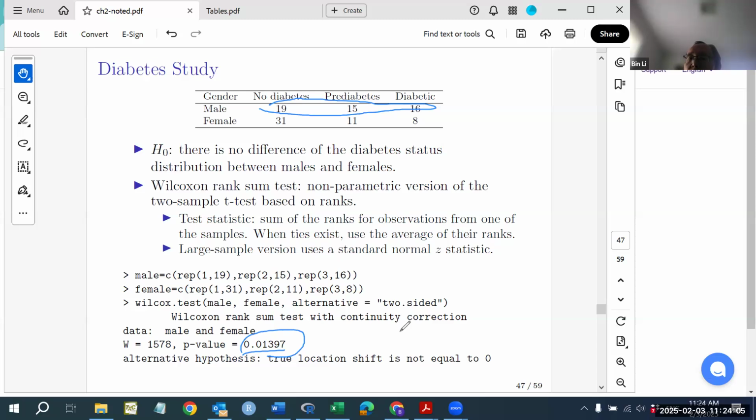And you may ask then, what is the direction of the difference? You can see that just by looking at the counts: the females tend to have no diabetes, while the males tend to have more diabetic or pre-diabetes symptoms compared to the females. So that's the difference between the male and females.